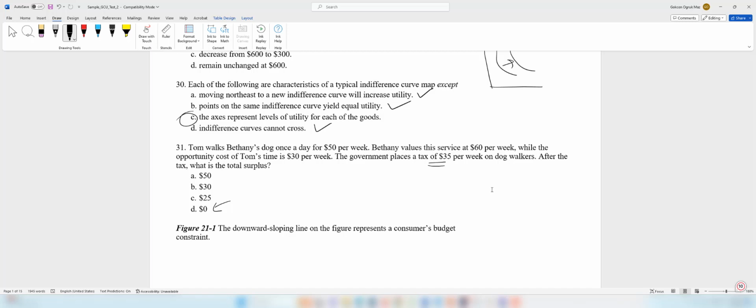The reason is, if you add the $30 cost plus the $35 tax, this is Tom's cost, it's $65 already, which is higher than the maximum willingness of Bethany, who values it at $60 maximum. Therefore, this transaction is not going to happen. Tom is not going to accept anything less than 65, and Bethany doesn't want to pay more than 60. So the total surplus will be 0 because this transaction is not going to happen.